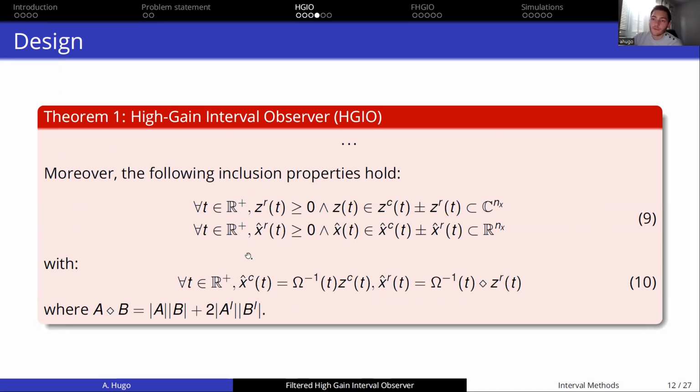And we have the great property of inclusion. It means that the state of the high gain observer will belong to the estimated bounds given by the high gain interval observer.